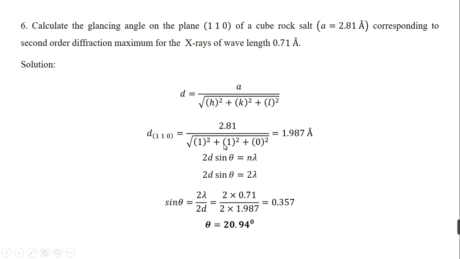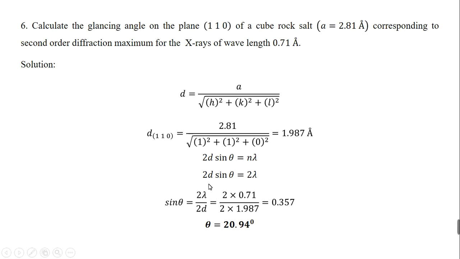From this you determine the d value, the interplanar spacing. The a value is given as 2.81, and for the 110 plane, h square is 1 square plus k square is also 1 square plus 0 square. If you do this calculation you will get 1.987 angstrom.